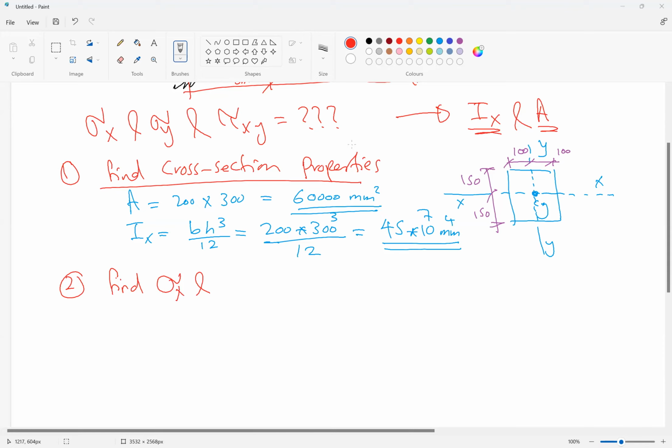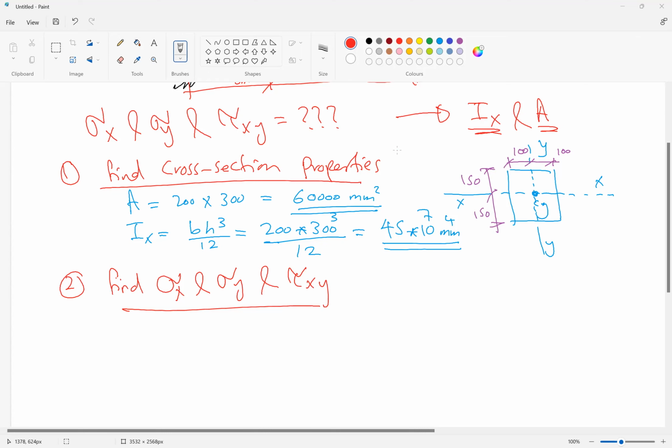So the next step is to find sigma x, sigma y, and tau xy. I'm back now. Sorry, the connection was dropped. So how do we find sigma x, sigma y, and tau xy?